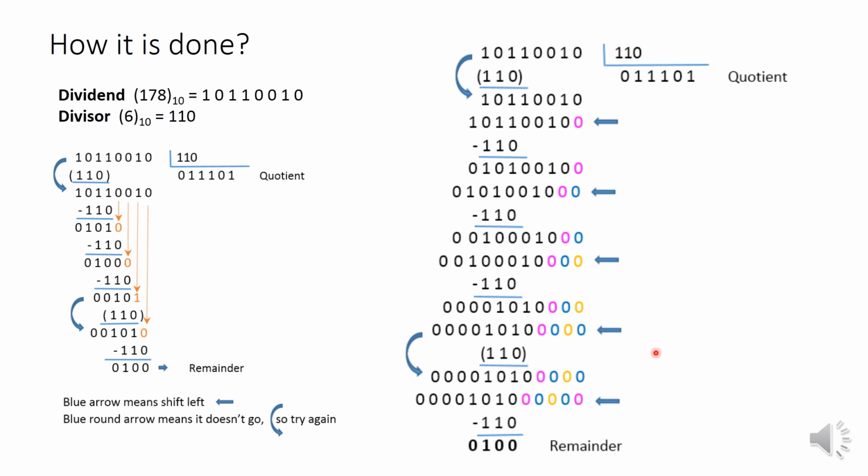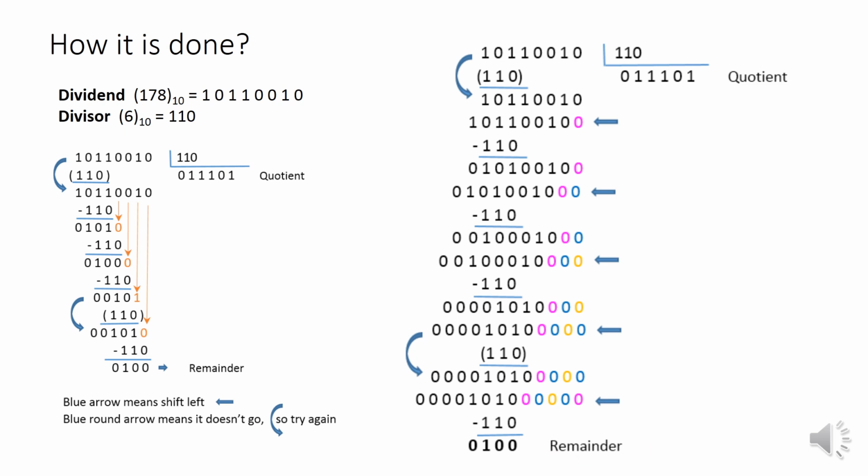And so on, we continue the process, shifting the remainders to the left and keeping the divisor fixed in the same position, comparing and performing the subtractions. At the end, after all iterations, once we have covered all the bits of the dividend, we get our final quotient and the remainder.